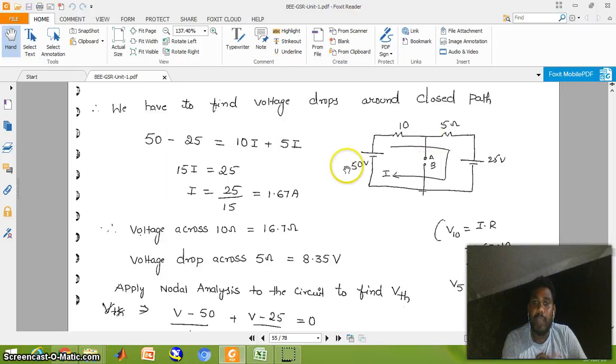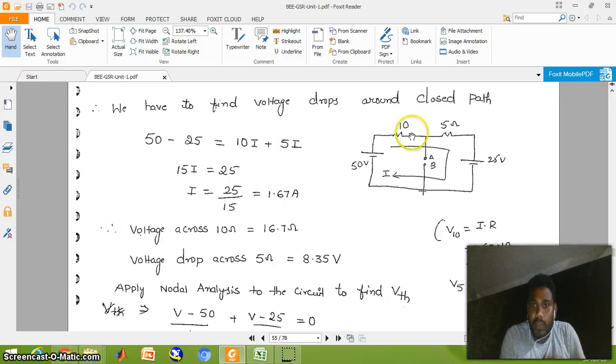So (V Thevenin minus 50) by 10 plus (V Thevenin minus 25) by 5 is equal to 0, because as per KCL, the sum of entering currents is equal to the sum of leaving currents. Here no entering currents are there, both are assumed leaving currents.